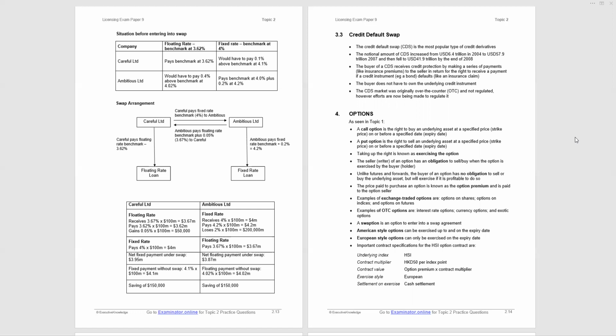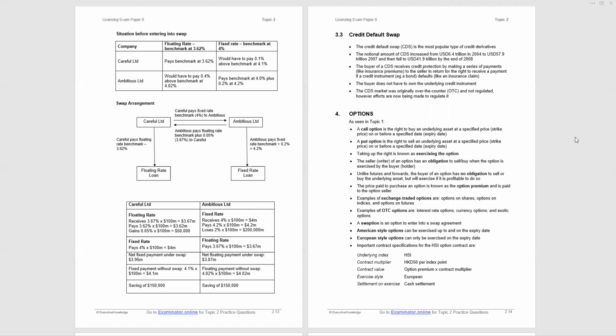Similarly, with Ambitious, in the swap arrangement, it receives fixed rate of 4 million, pays a fixed rate of 4.2 million. So here it loses 200,000. Now, with the floating rate, it pays 3.67 million.